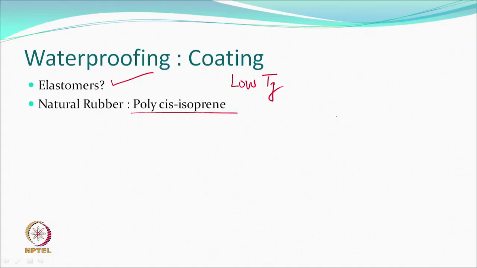So, such type of elastomers, if you can coat them on the textiles, because they have low glass transition temperature, the overall product will be also flexible, and it will also serve the purpose of waterproofing.